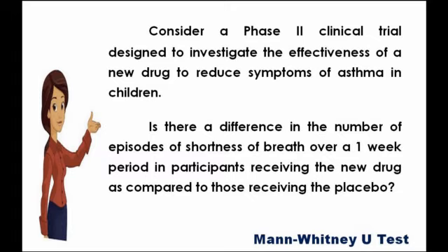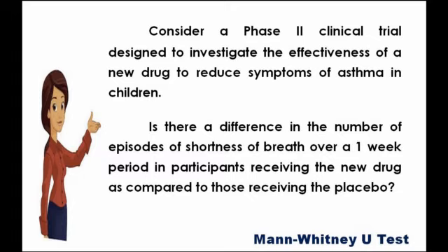Now, the number or the frequency of shortness of breath within a week is being ranked. And then the obtained rank is now being used in computing for the computed value using the Mann-Whitney U test.